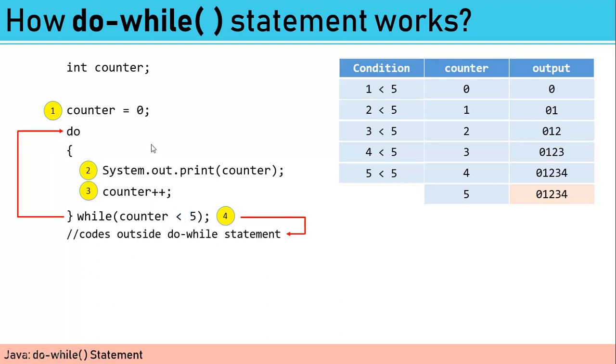If you started with 0, of course that should go with your condition here: counter is less than 5, because 0 is less than 5. As you go up, please take note, you have to increment. If you use decrement here, having counter equal to 0 and counter less than 5, then your loop will never end because it will never satisfy this condition to be false.